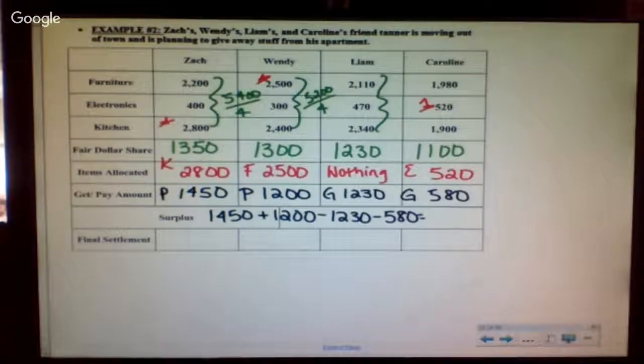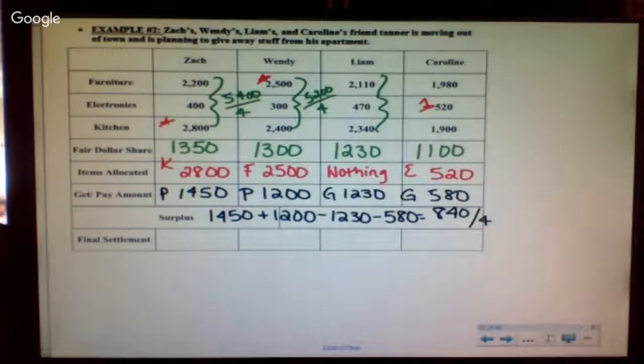A good way to check yourself: if you get confused about pay or get, and your surplus comes out negative, switch all your signs, because you made a mistake. Your surplus should never, ever be negative. What do we get for a surplus? 840.